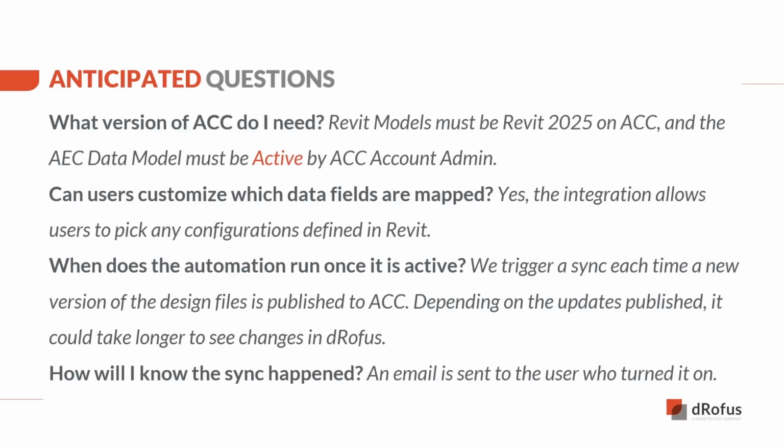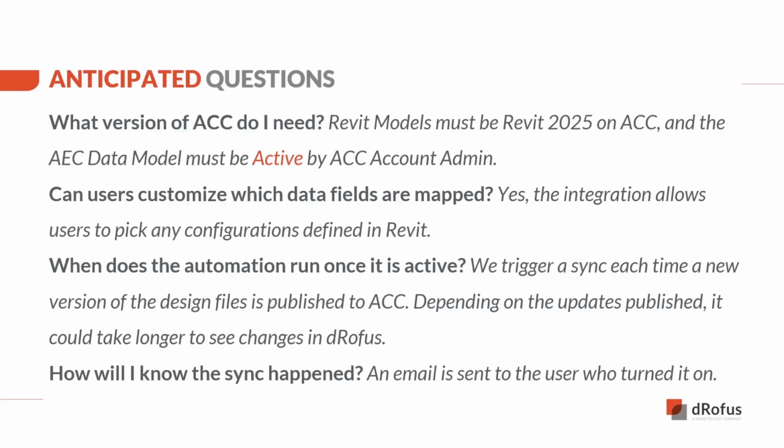And if you don't know how to activate the AEC data model, be sure to check the documentation from Autodesk on how to turn on the AEC data model feature. You do need to be an admin of the ACC account to turn on that activation. Once it's on and our application has been installed, then the users can use this integration how you've seen it today.